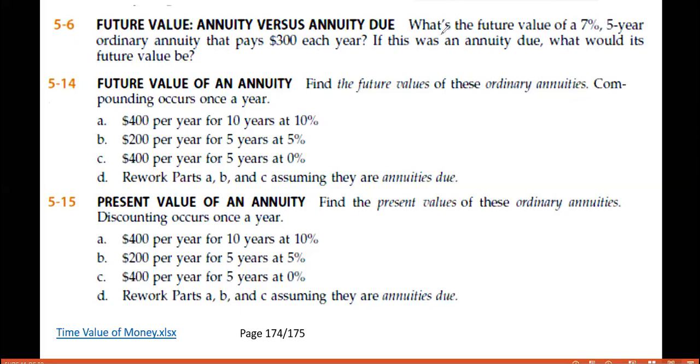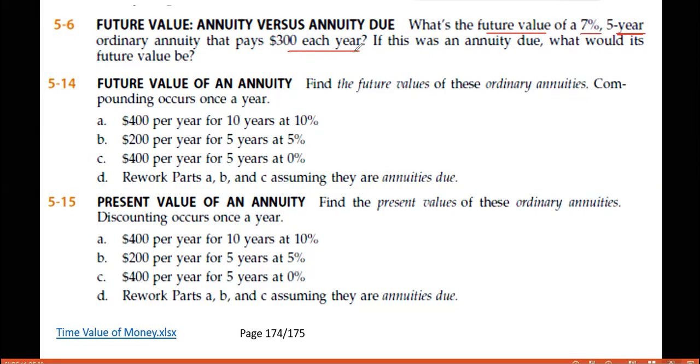So in this problem, future value is required of a 7%. What is 7%? This is the interest. This is the number of periods, that is 5 years. That pays $300 each year.